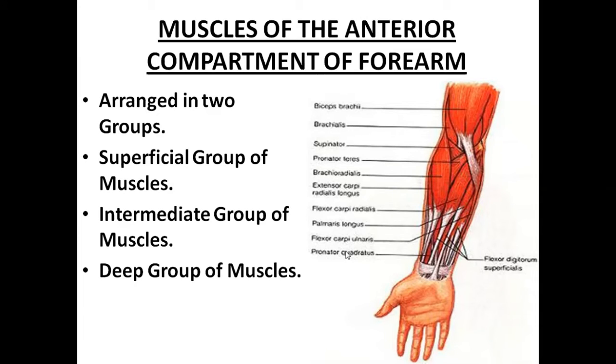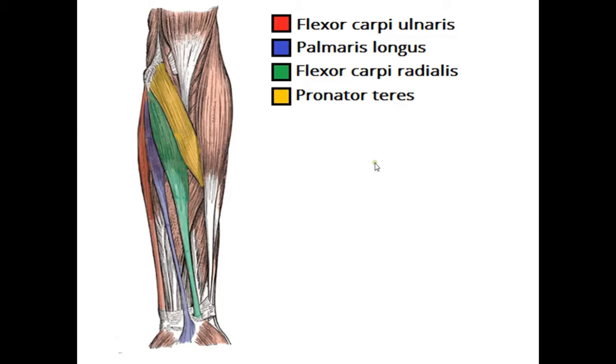So these are the 3 groups of muscles. In the superficial layer, the flexor carpi ulnaris, Palmaris longus, flexor carpi radialis and Pronator teres could easily be visualized if we remove the deep fascia.